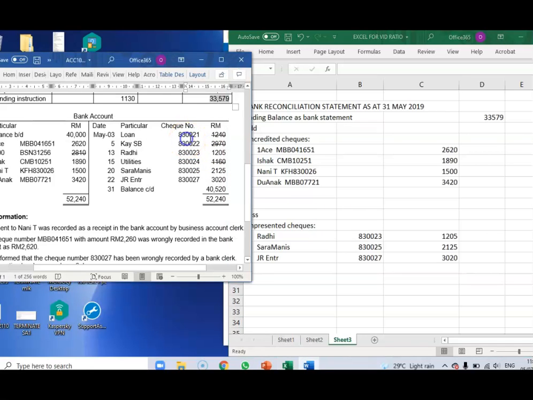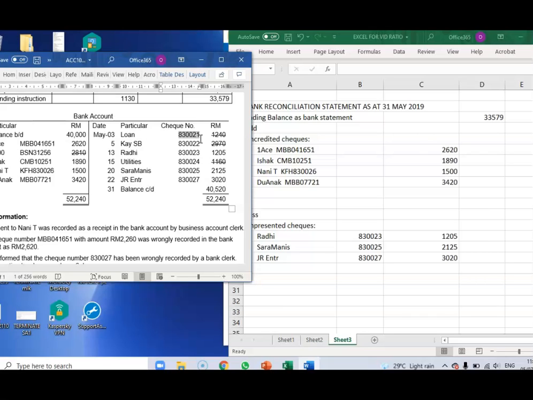The first check that we issued for the month of May is 830021. So any checks issued before that, 830020 or 830019 or 830018 or before, actually belong to the last month, the prior months.